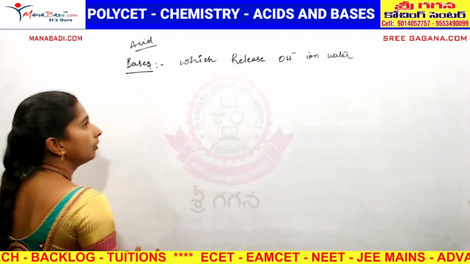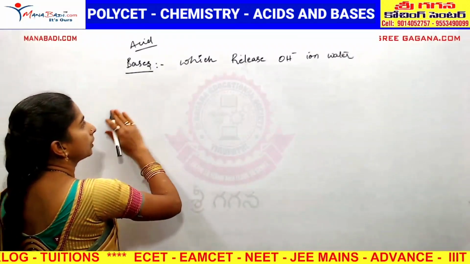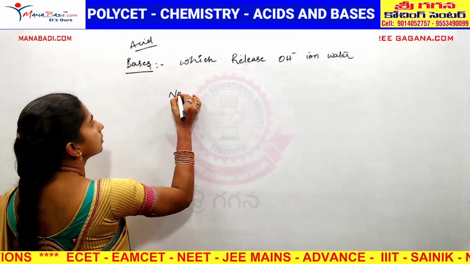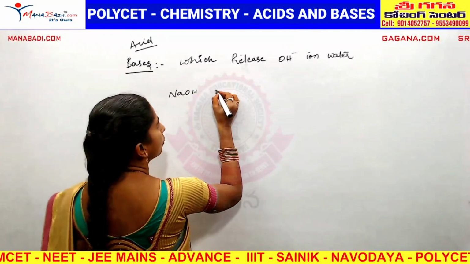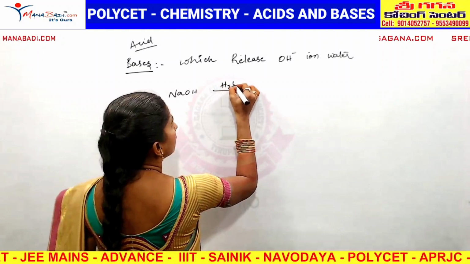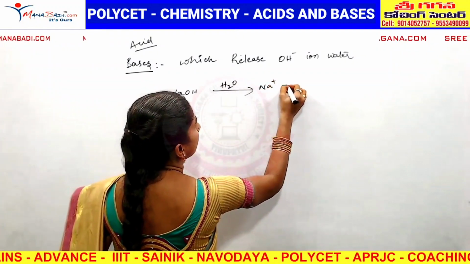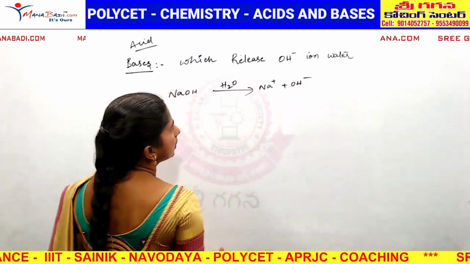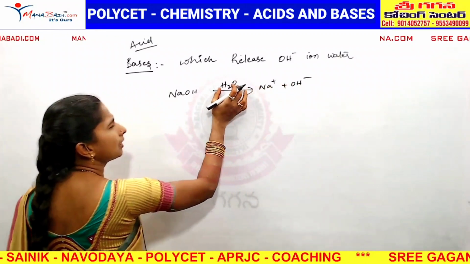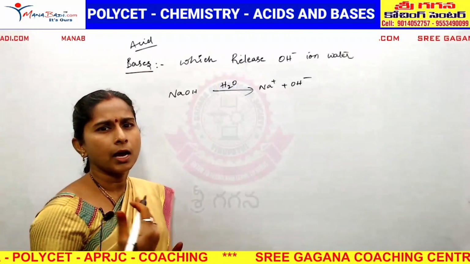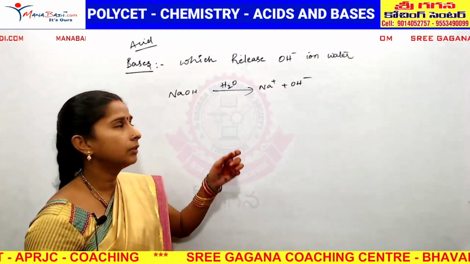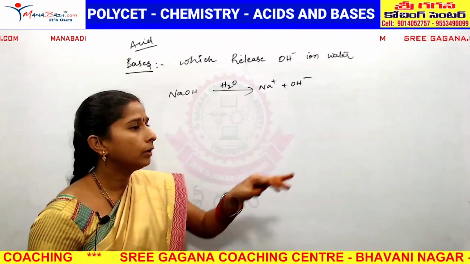For example, NaOH is a base. In water it releases Na plus ion and OH minus ion. This OH minus ion does not react with H2O, like how the acid's H plus ion reacted with water to form hydronium ion.